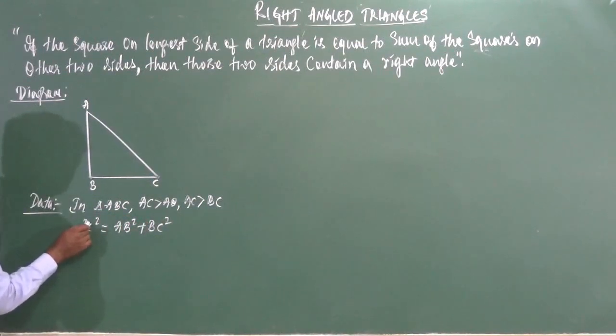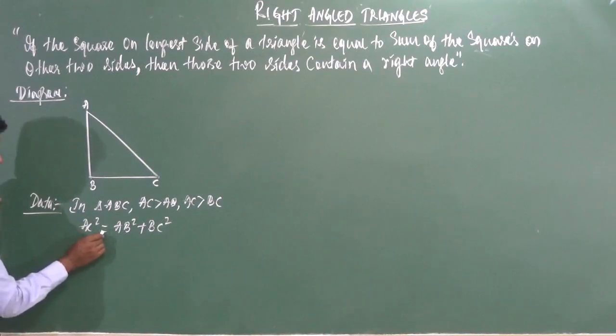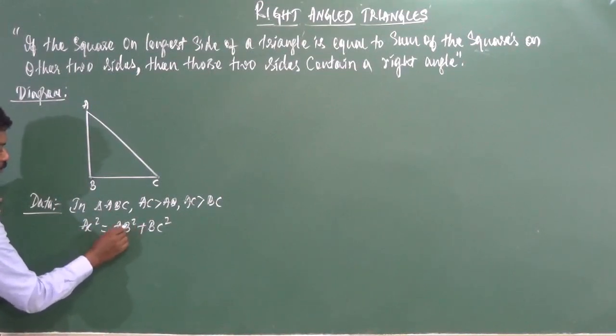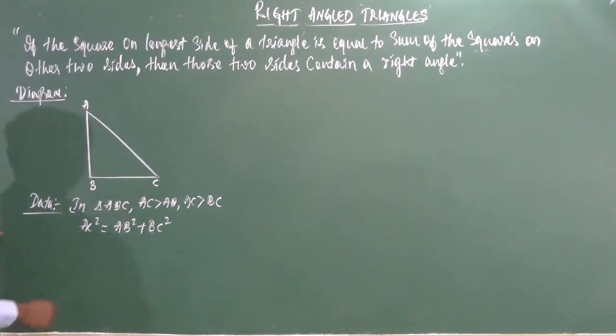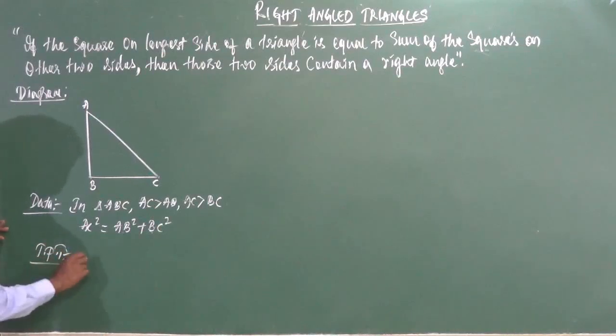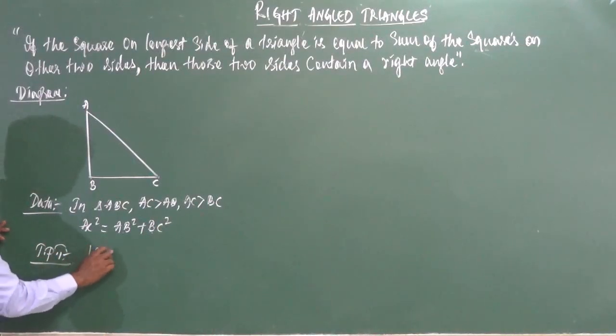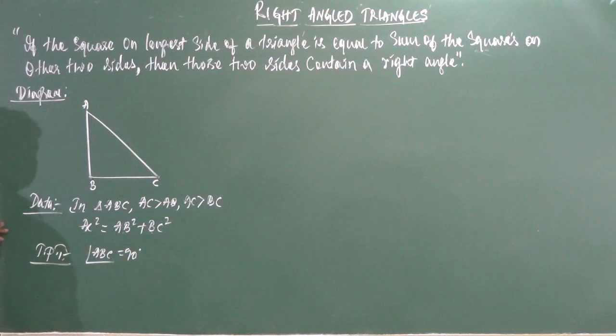That is, the square on the longest side of the triangle is equal to the sum of the squares on the other two sides. So that is given. Now let us get into to prove that. We have to prove that angle ABC is equal to 90 degrees.